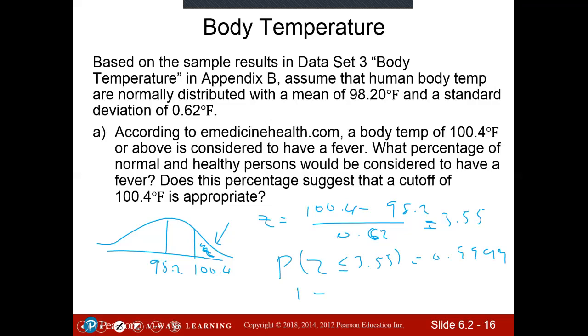If I subtract this from 1, I get 0.00001, which is the same as 0.01%. So that is the answer to that.